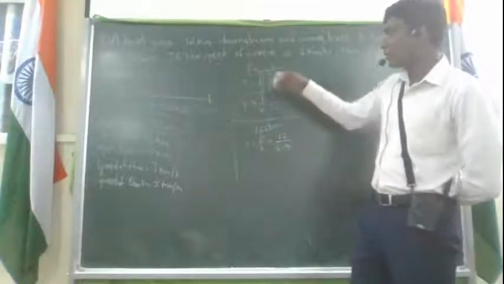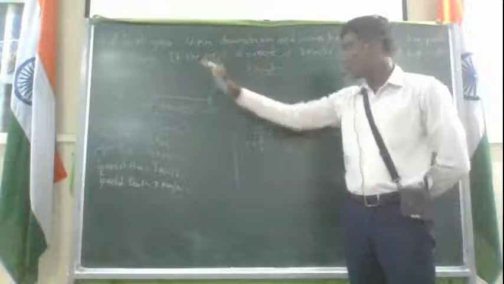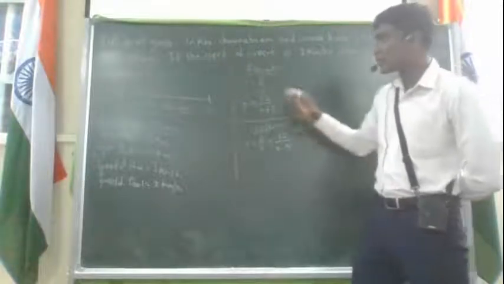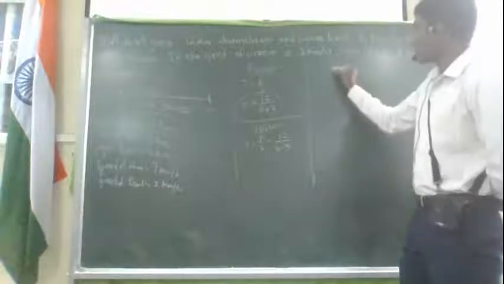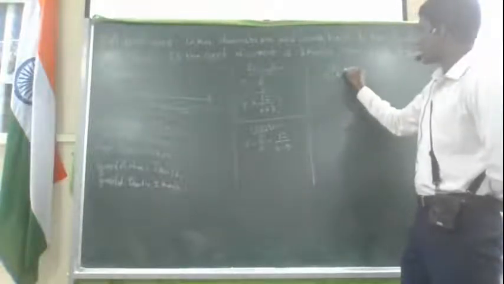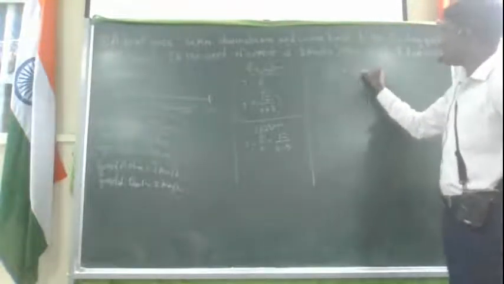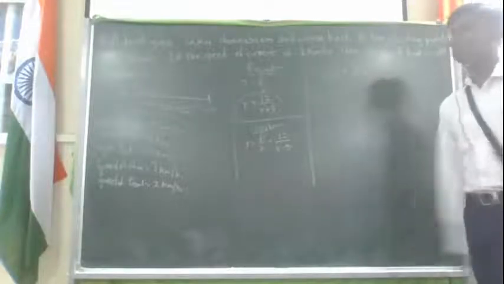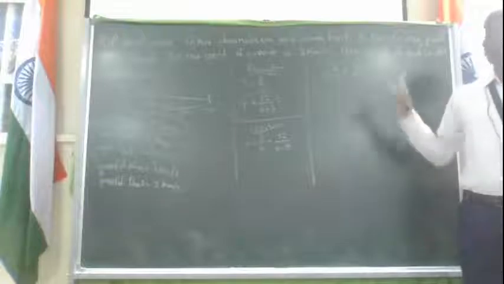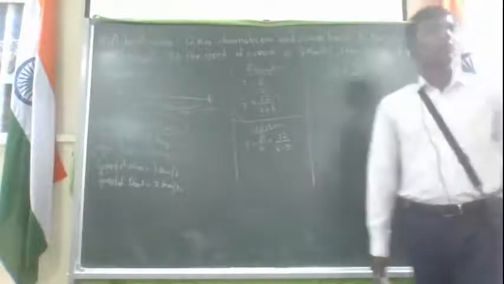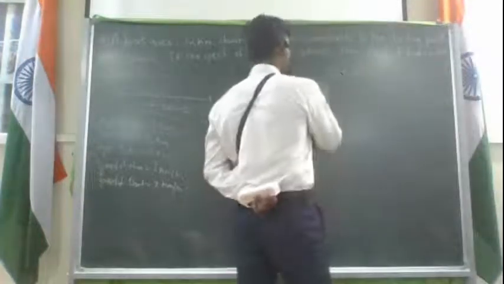Now, if the boat is going down and going up again, that means this plus this is equal to 3 hours. So 12 by (x plus 3) plus 12 by (x minus 3) is equal to 3. This is the equation you get. Now can you solve it? Cross multiply and do it. Chalo, start doing it. Now you get a quadratic equation.